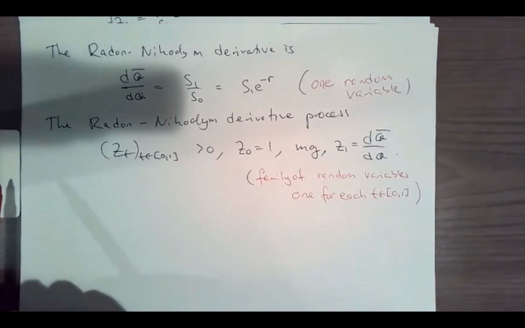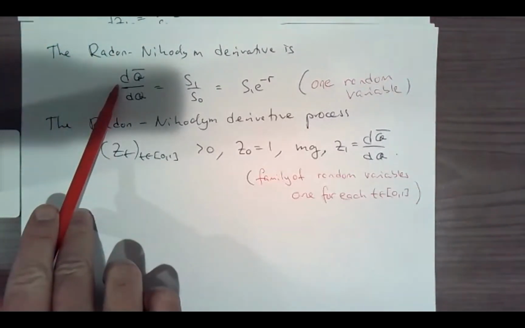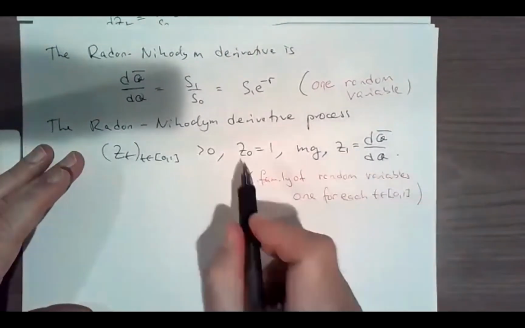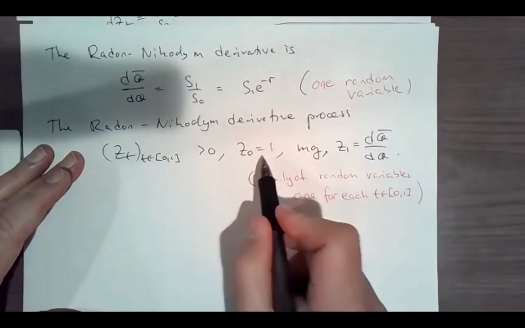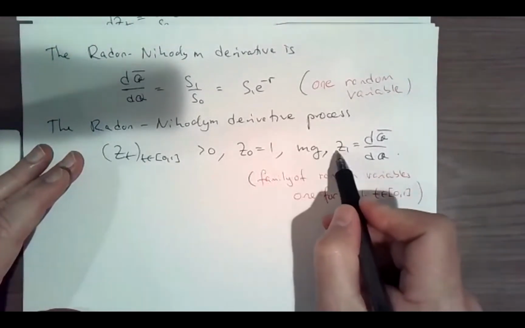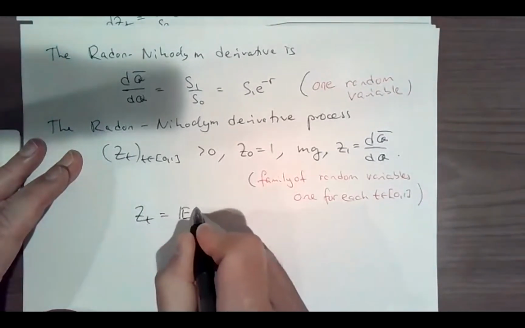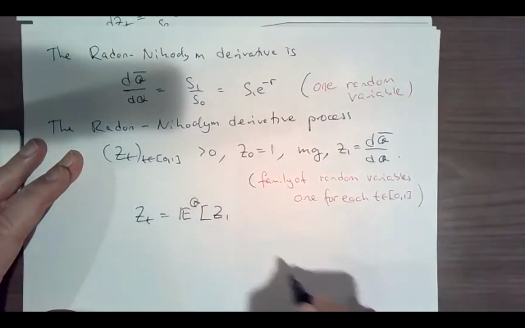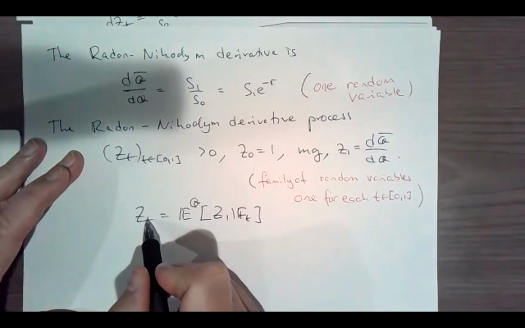So with the Radon-Nikodym derivative, we're able to determine the process, because you just condition. If you know that it's a martingale, then on the Q, the conditional expectation of Z1 given Ft is going to give you Zt.